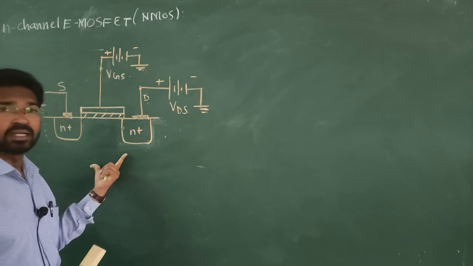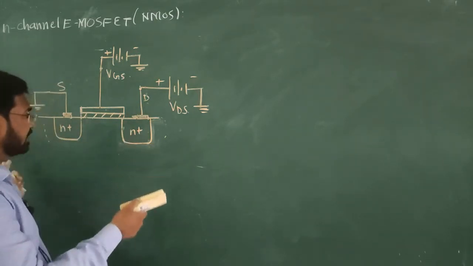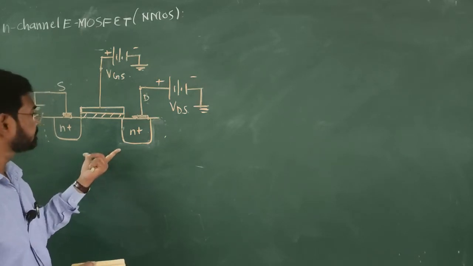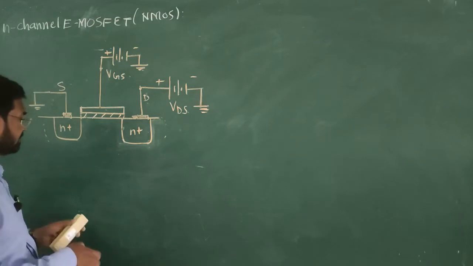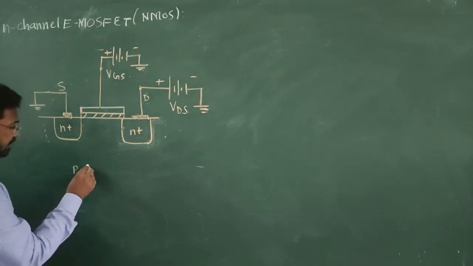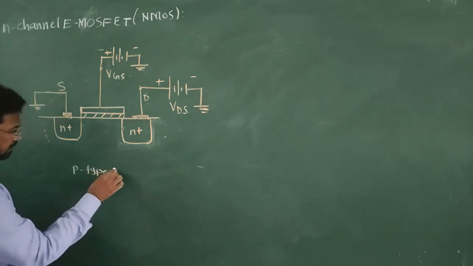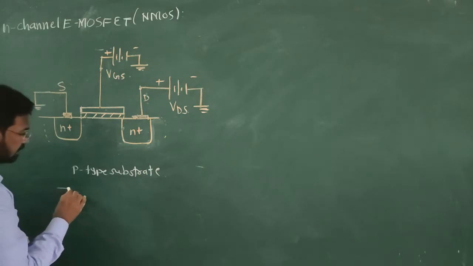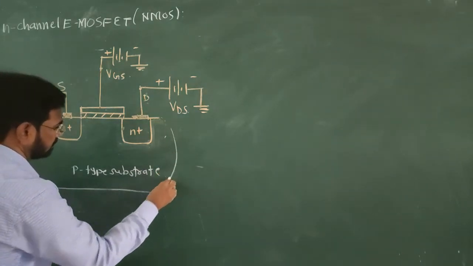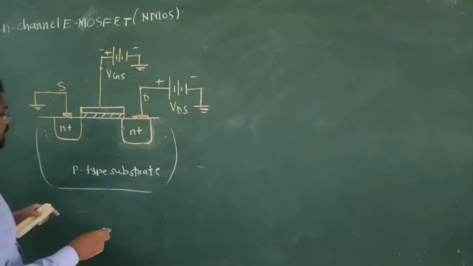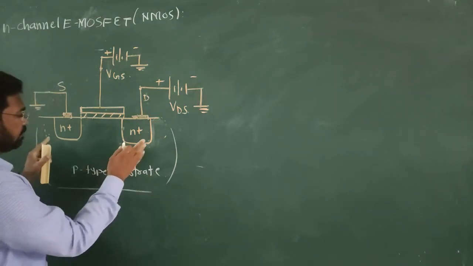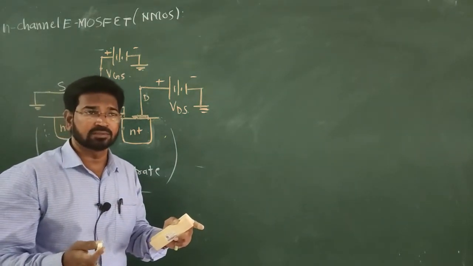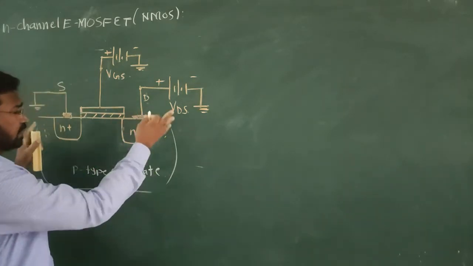First of all, why we need DC sources? We are studying the DC condition, DC analysis of the MOS transistor, and as it is a semiconductor device, we have a substrate here. So, it is P type substrate. It is the body of the transistor, and we have to make the movement of electrons, or the holes in PMOS, so we need DC voltage sources.